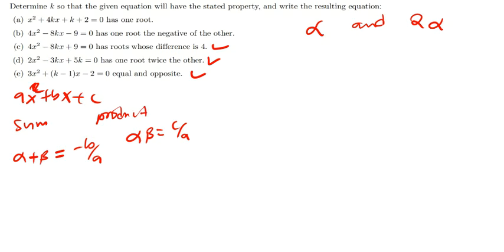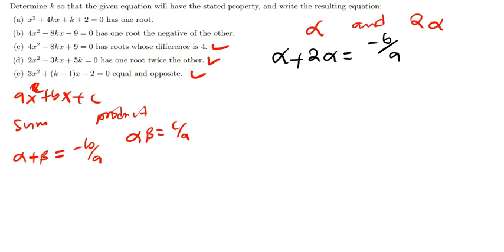So we have been told that one root is going to be twice the other. So then let's first find the sum. We know that the sum is alpha plus beta, but in this case beta is 2 alpha, because the roots that we are dealing with now are alpha and 2 alpha. So then I'll say alpha plus 2 alpha, which is 3 alpha, is equal to negative b over a. Now let's replace.